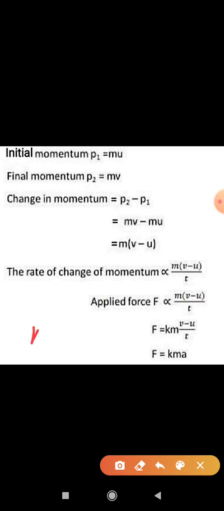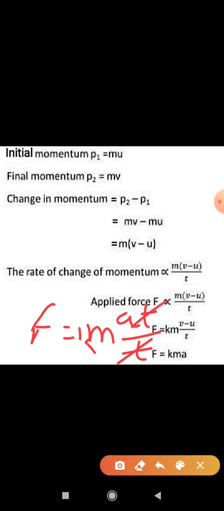So F is equal to k times m times (v minus u) divided by t, which becomes F is equal to k m a, since t cancels with t and k was already there. In place of v minus u we placed at, t cancelled out with t, and we got lastly F is equal to k m a.